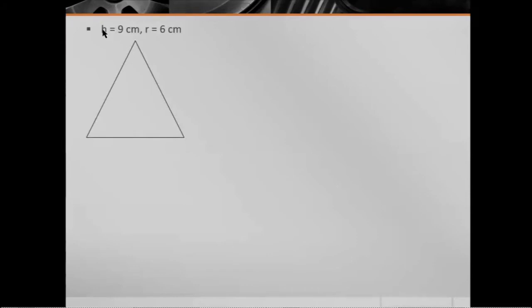Since ang ating height ay 9 cm at ang ating radius naman ay 6 cm, so gamitin natin yung ating figure na cone. Then dun sa cone, naka-inscribe naman yung ating cylinder. Then mapapansin mo dun sa cone natin ay meron tayong right triangle. Itong yellow. Kinulayan natin ng yellow, no?